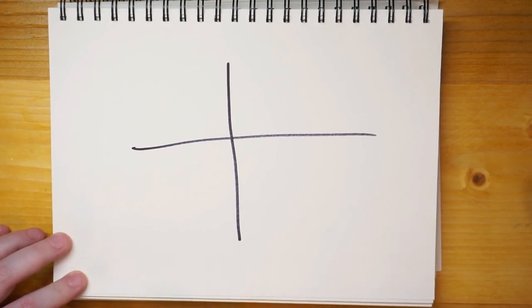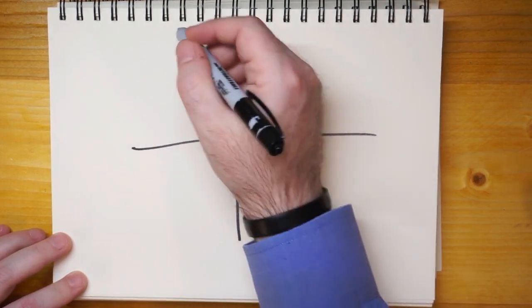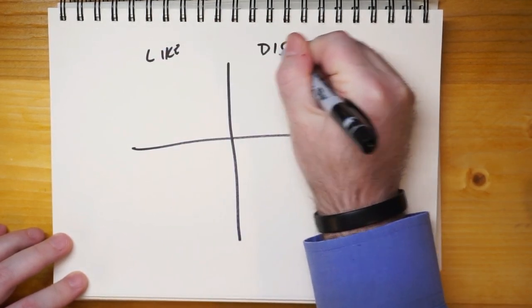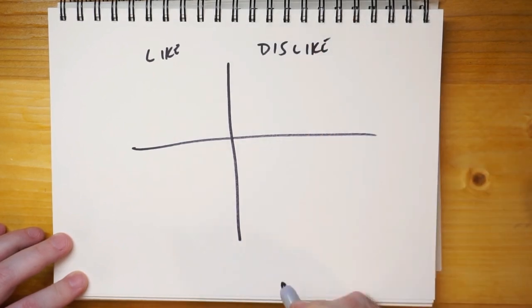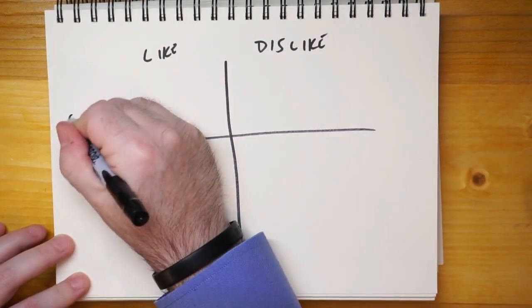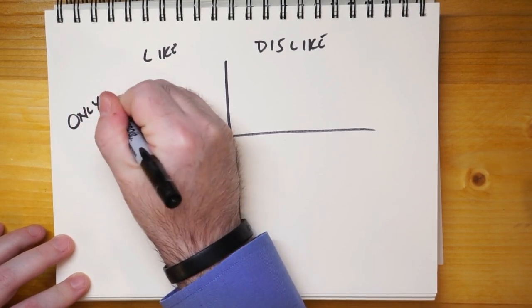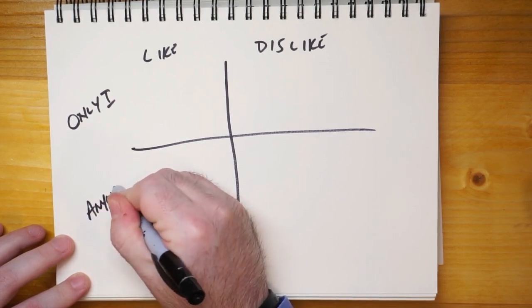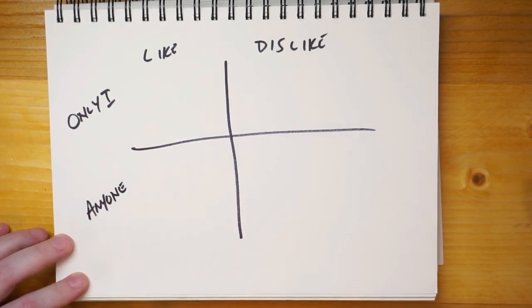And what you want to do is you want to have 4 different grids. And so what we're doing here is we have tasks that we like and tasks that we dislike. And then we have tasks that only I can do or anyone. And by anyone, I don't truly mean anyone. I just mean someone else.